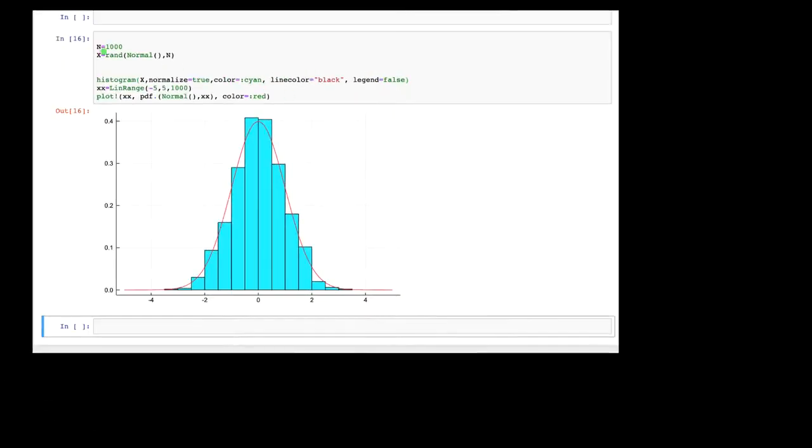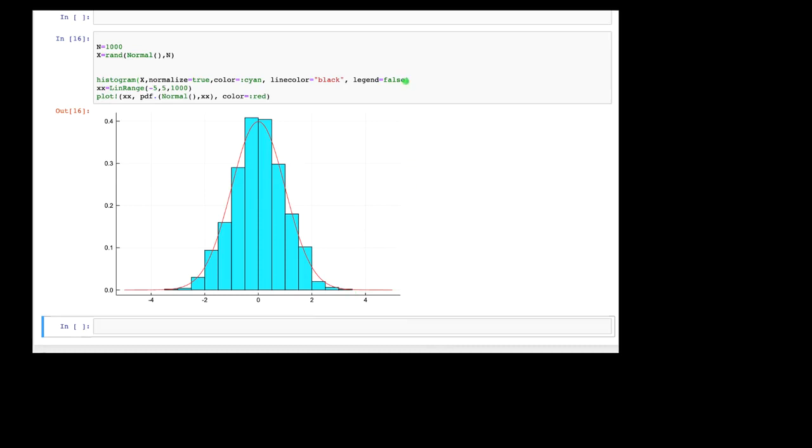Here, for example, we've taken 1000 draws from the standard normal distribution and we've plotted a histogram, as well as the PDF of the standard normal distribution in red. And as you can see, the histogram closely follows the PDF.